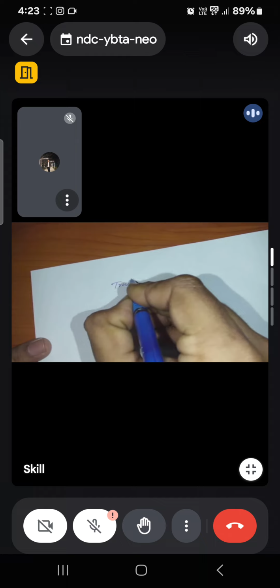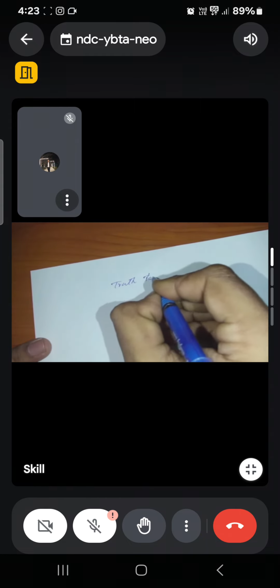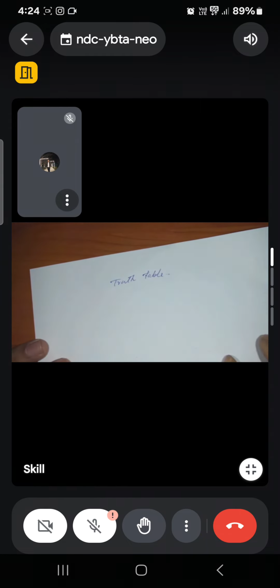So do you know the truth table? I think everybody has heard of the truth table. So basically, what is conjunction?